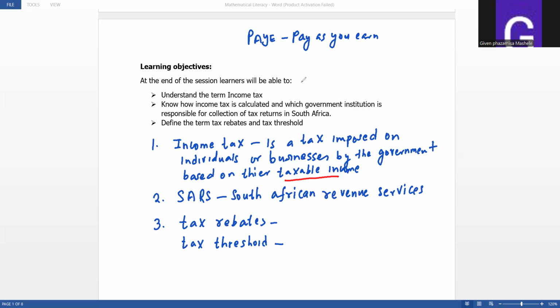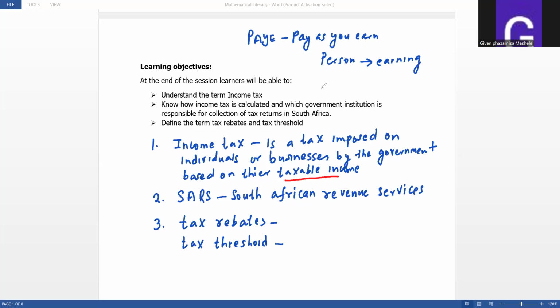Actually, let's say a person is working and is earning a salary or an annual income. Now, not all the people who are working are responsible for paying tax.